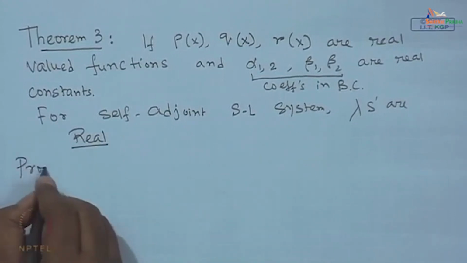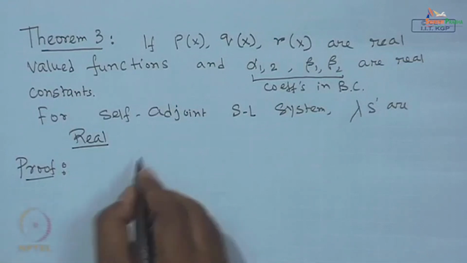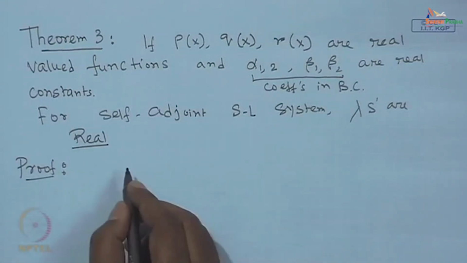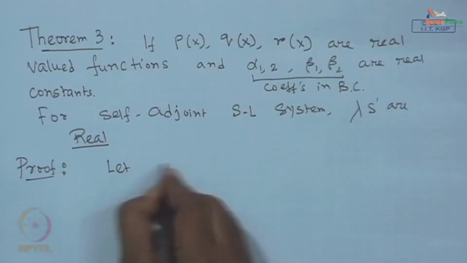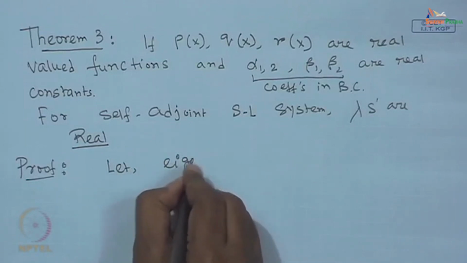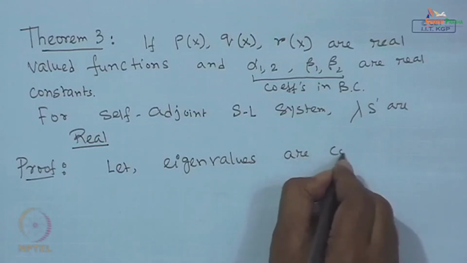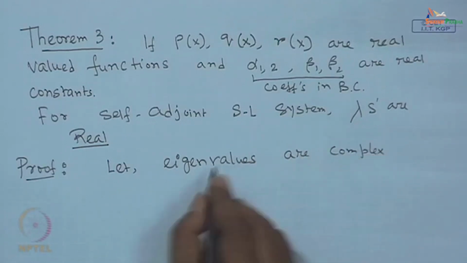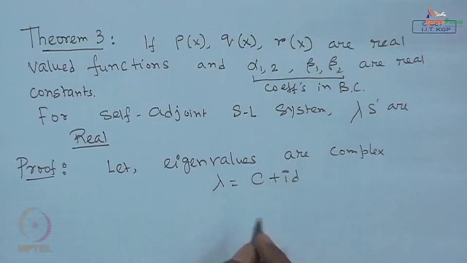So, let us prove this. The proof goes like this. Let us assume that the eigenvalues are complex. So lambda is equal to C plus I d; it has a real part and an imaginary part.